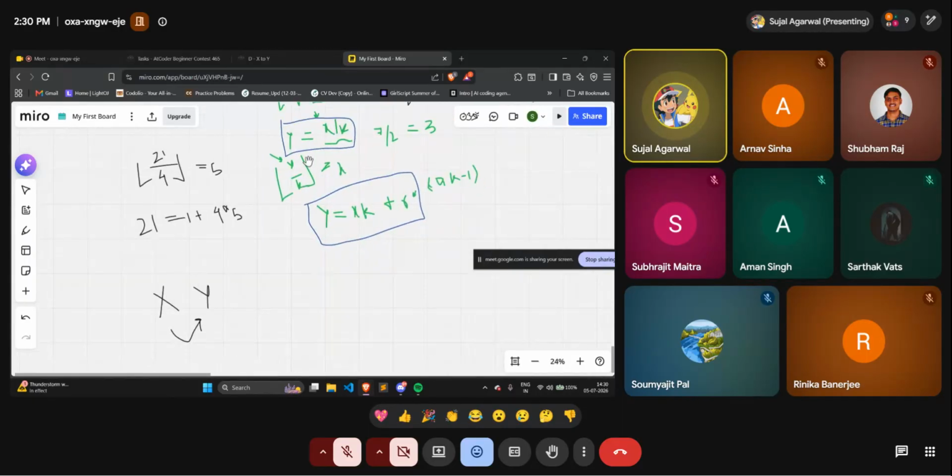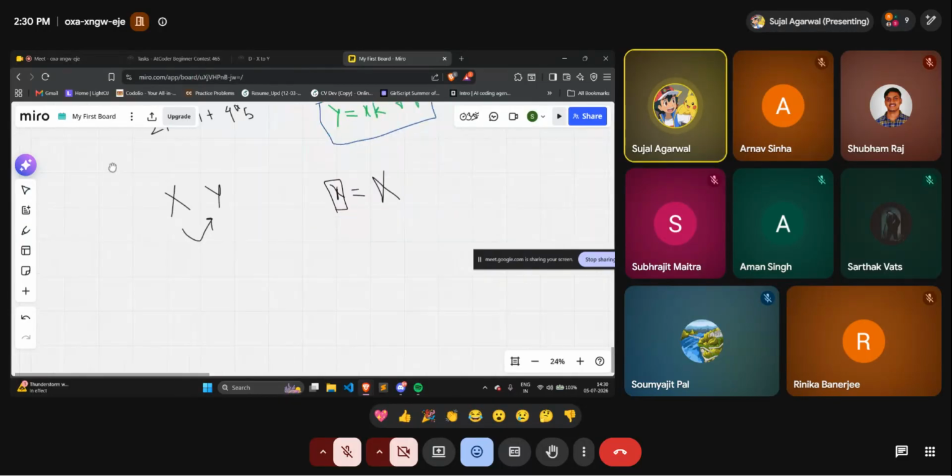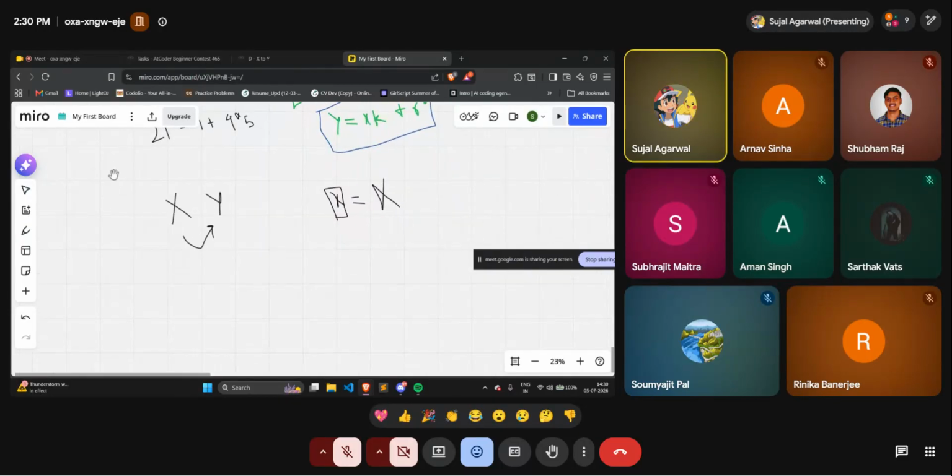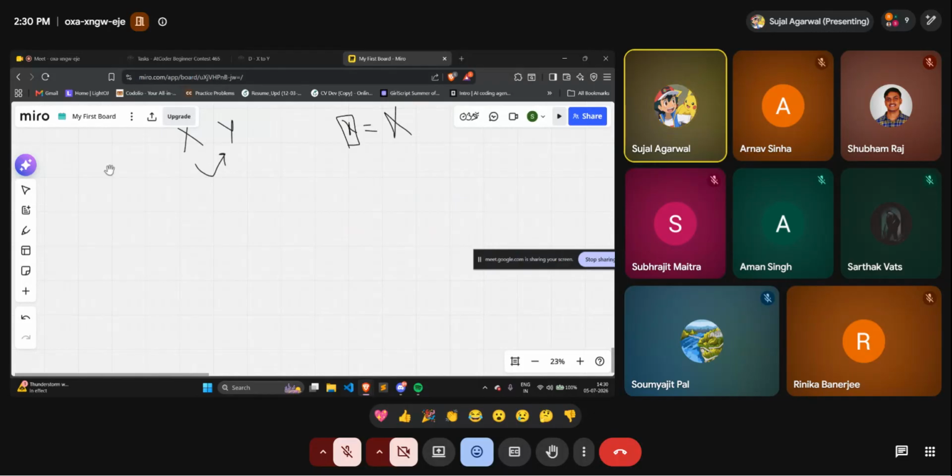Let's say we were assigning a number x initially, small x, and then we perform operations on this number x and convert it to capital Y finally, right? So we need to report the minimum number of operations in which we can do it, right?